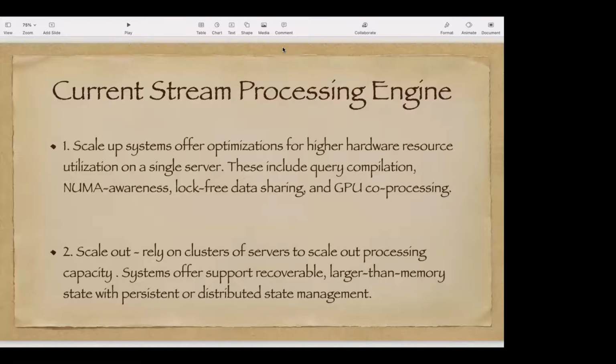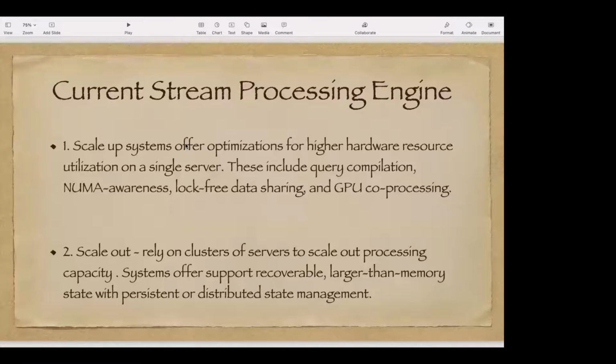So they do not do much hardware resource optimization, but instead, scale-out systems offer more features, such as support for recoverable larger-than-memory state with persistent or distributed state management, which is not there in scale-up systems.